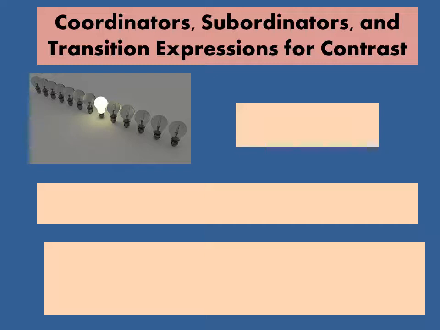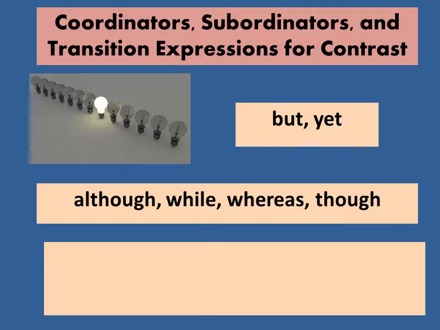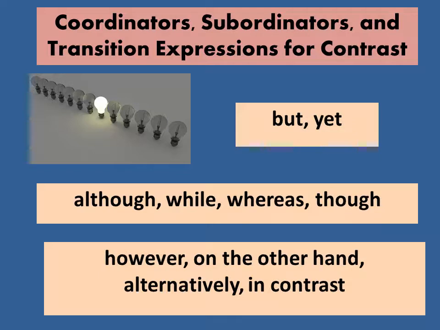You have coordinators, subordinators, and transition expressions. But and yet are coordinators that show contrast. Although, while, whereas, and though are good subordinators that show contrast. And however, on the other hand, alternatively, and in contrast, show contrast.